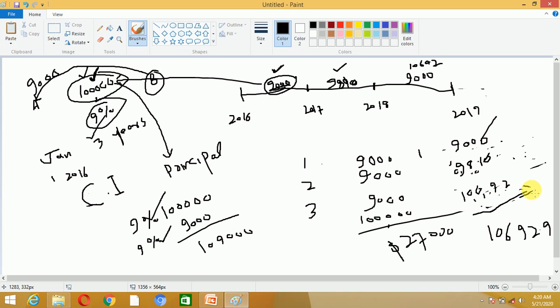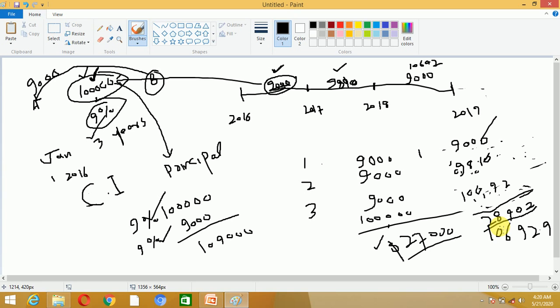So when we add, we will get 28,902. So see, in simple interest we were receiving only $27,000, but in compound interest we are receiving 28,902.